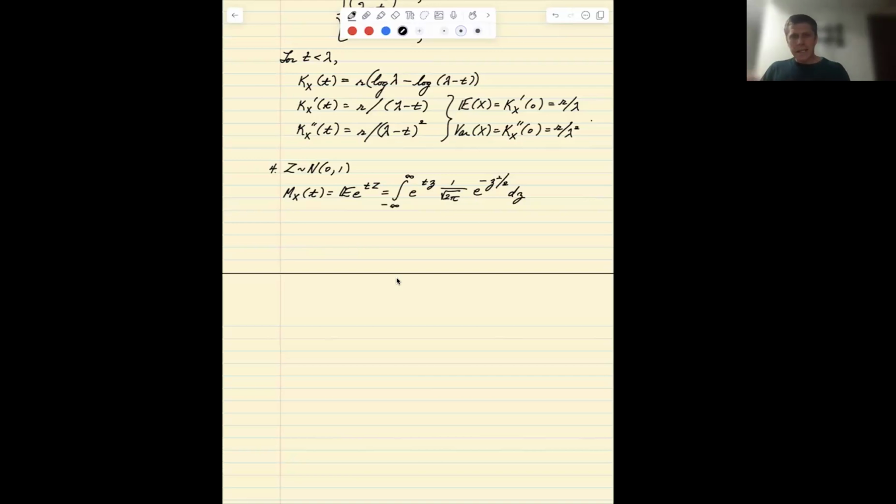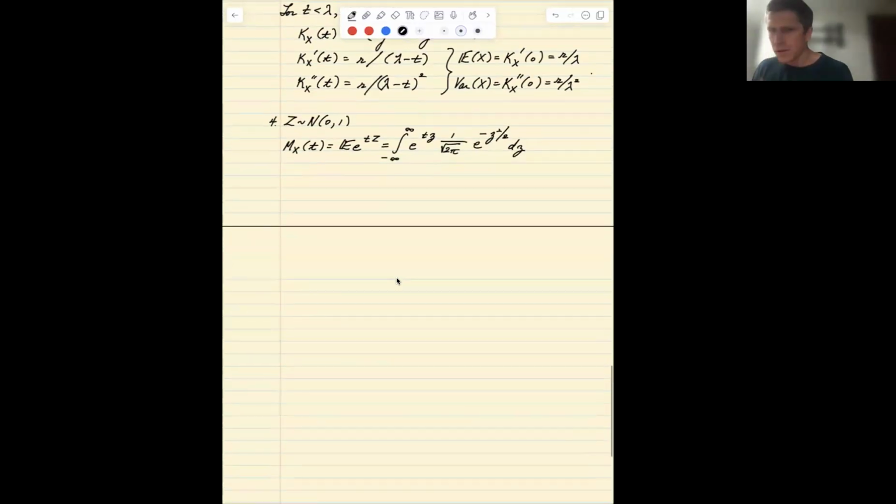Now to calculate this, one thing that we have to do is complete the square. So we're going to multiply and divide, so we multiply by e to the t squared over 2.